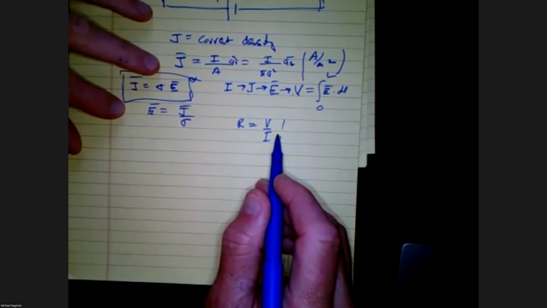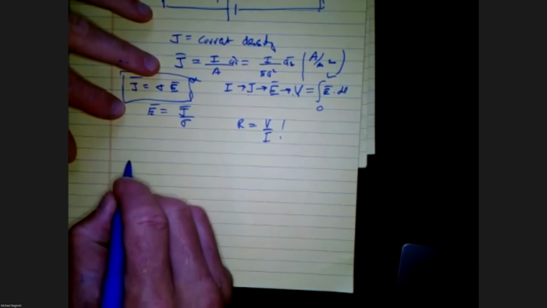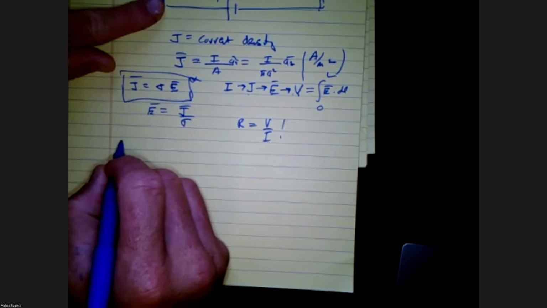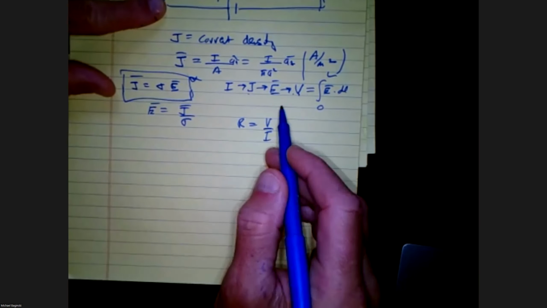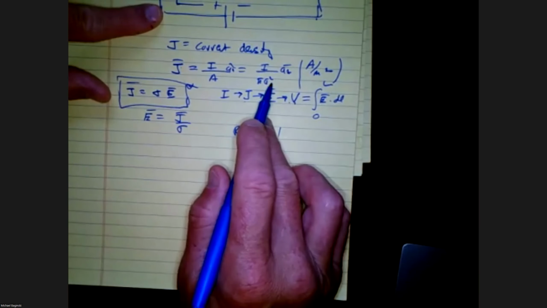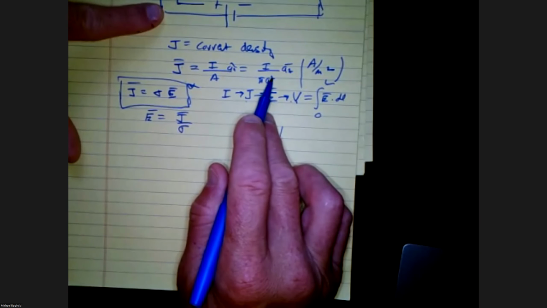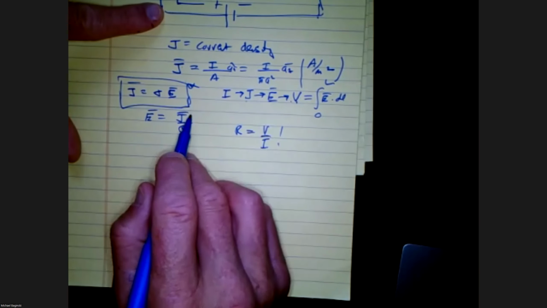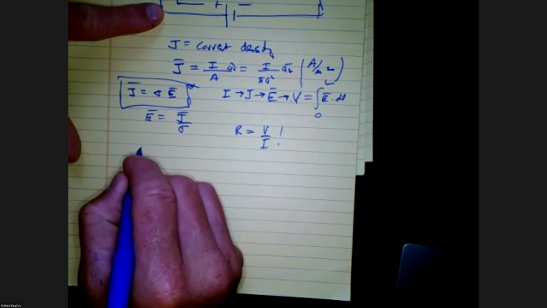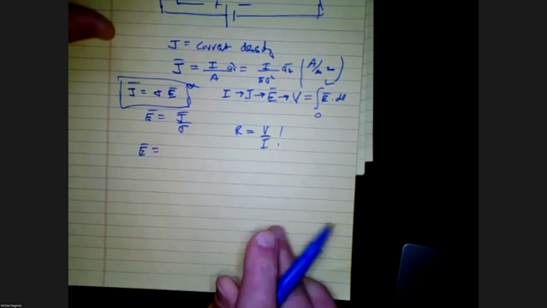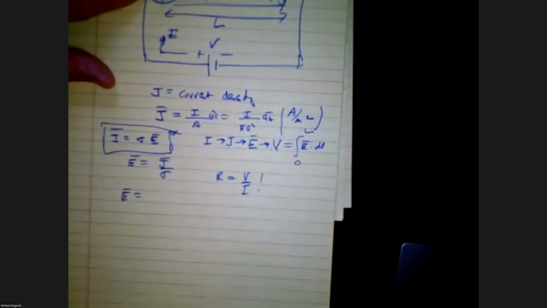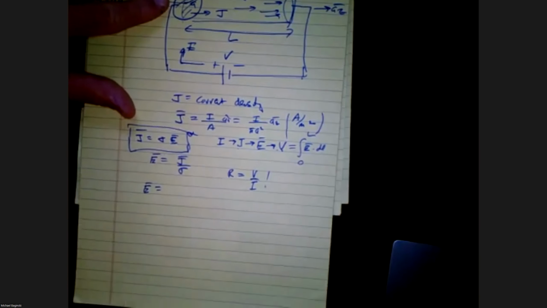Okay, now we've got that. Next thing we can say is, if I assumed I, I've got J right here, and I can get E right here. So E itself, for this particular problem that I'm showing you, let me move it up a little.